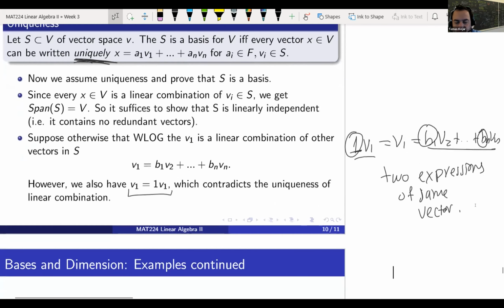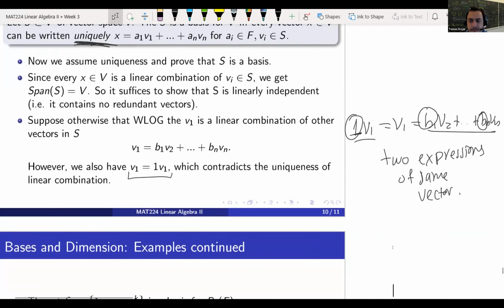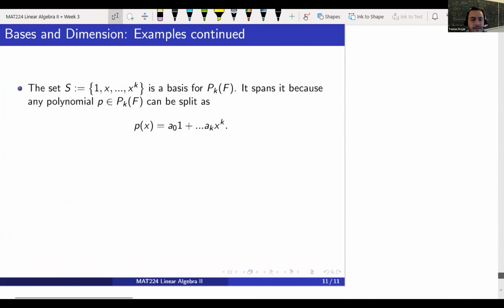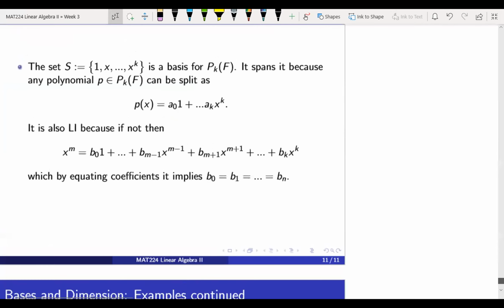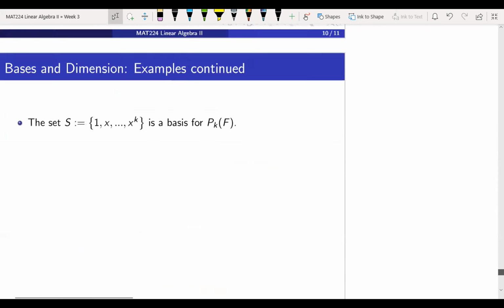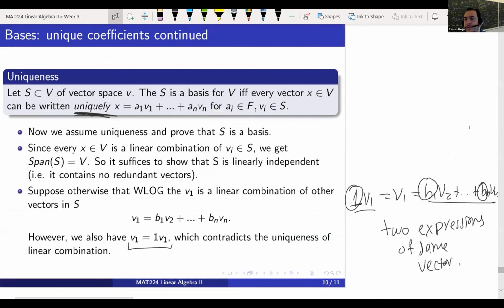Maybe I should do one more. So let's see. We have some examples here. I wanted to do another proof, which is the one from the book.